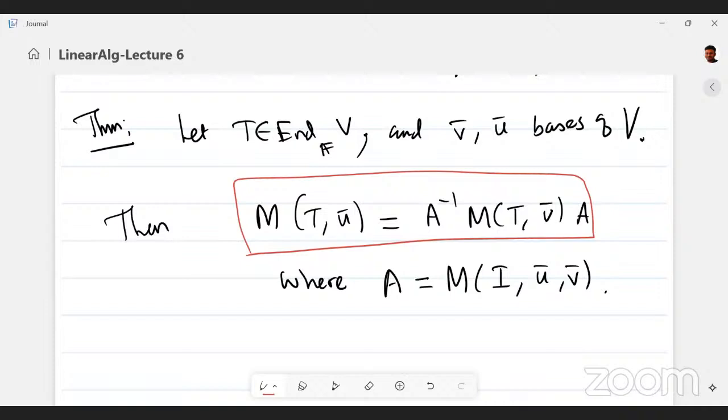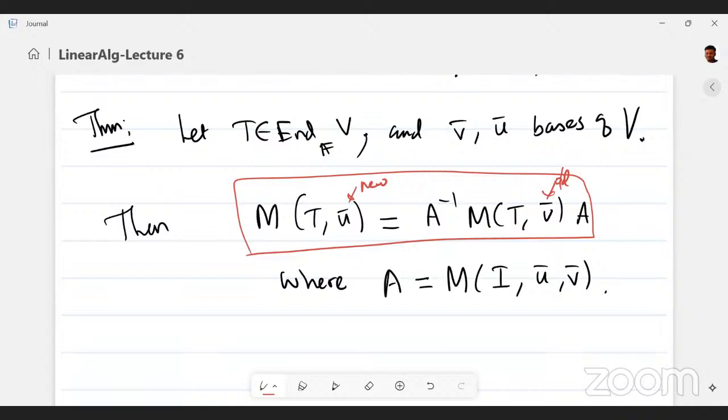This is the new basis and this is the old basis, and you want to compare them. These two matrices are conjugate, and not just conjugate, but conjugate by this very explicit transition matrix from U bar to V bar. Okay, so this is very, very important.